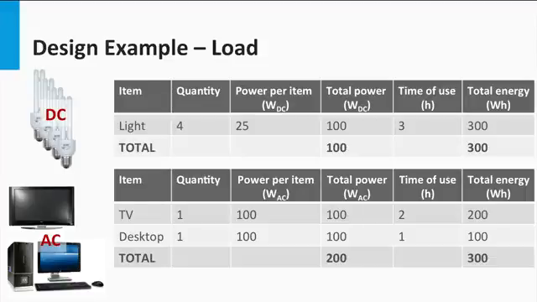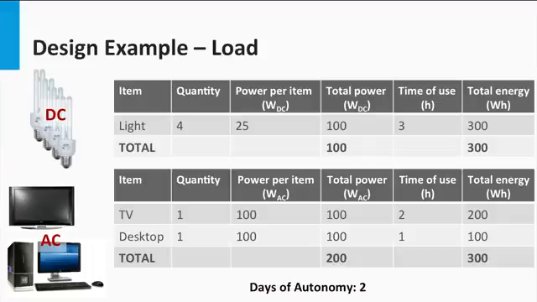The required quantities of each kind of load, along with the duration of usage, are also mentioned. The total power and energy requirements have been tabulated here as well. Both the DC loads and the AC loads require a total energy of 300 watt-hours each per day.